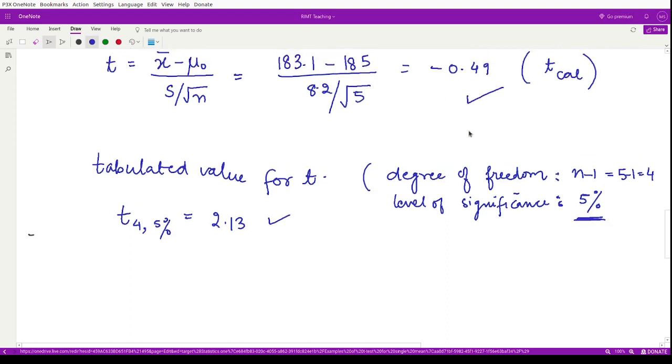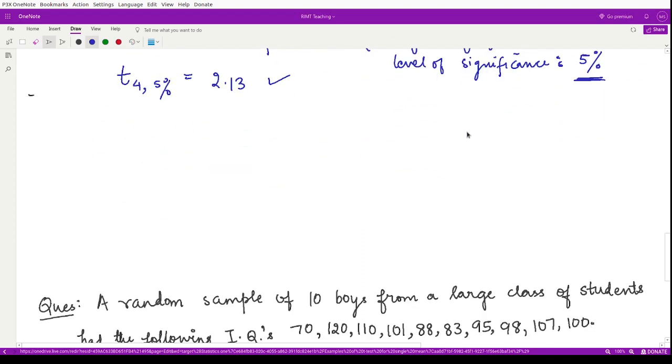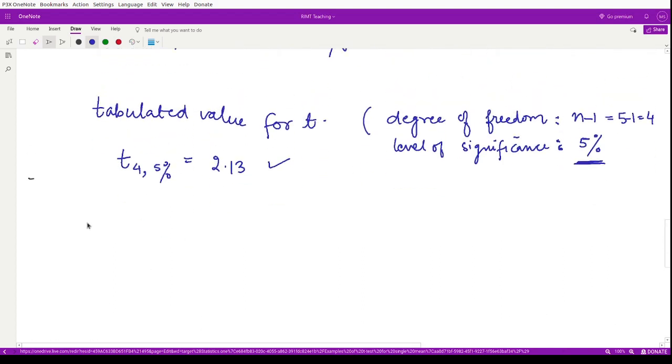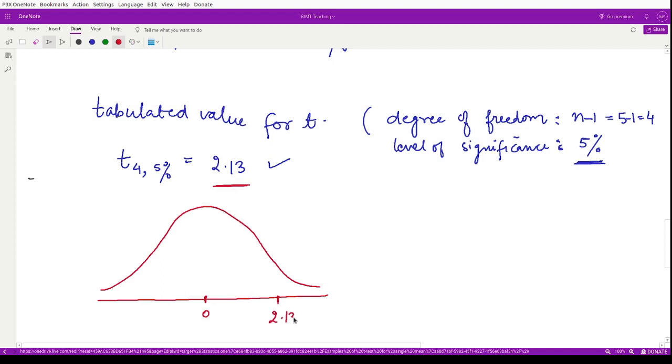So therefore, we will test our hypothesis now. How can we test this hypothesis? For that we have to see what our critical region is. So we will draw this distribution and here we will locate the point 2.13, which would be the tabulated value.